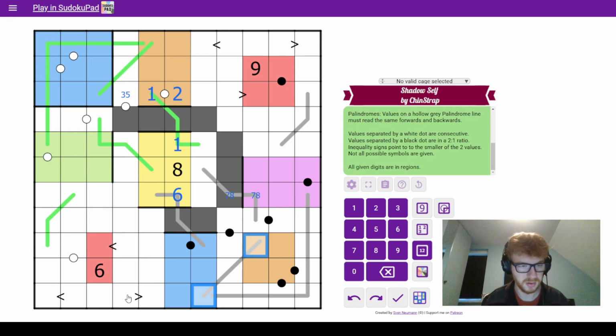I don't have much in this bottom left corner, but I don't see anything either. So this is either a 5 or a 4. If it's a 4, that means a 9 and a 9, which I don't see a problem with actually. And it cannot be a 5.